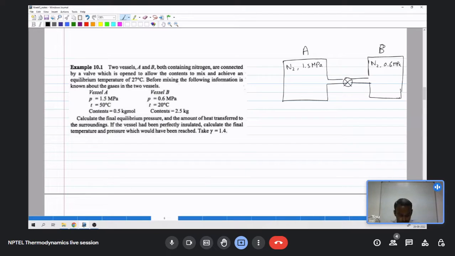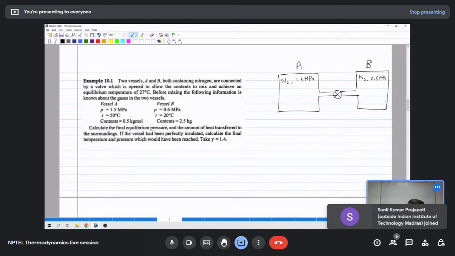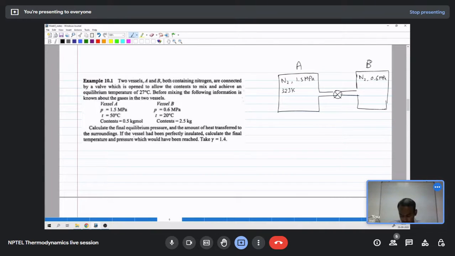So 50 plus 273 is 323, so I take it as 323 Kelvin, and here it is 20, so it is 293 Kelvin, and this contains 0.5 kg mole of nitrogen, and this vessel B has 2.5 kg of nitrogen.